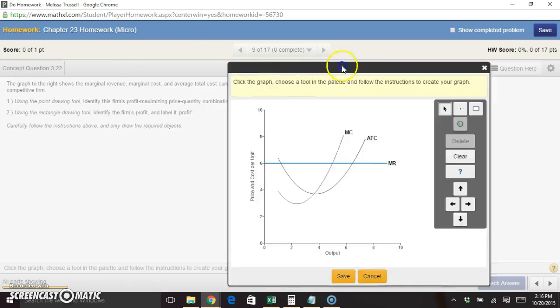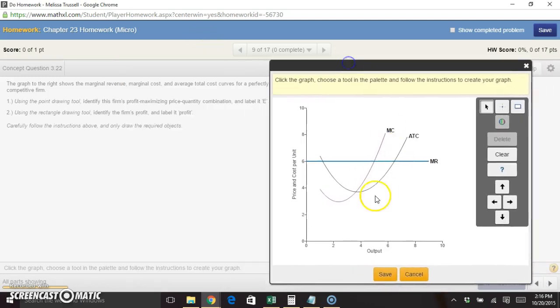So using those 3 concepts and this graph, the first thing we have to do is use the point drawing tool to identify the firm's profit maximizing price quantity combination and label that E. So I'm going to click my little point tool here, and let's think about what that means.